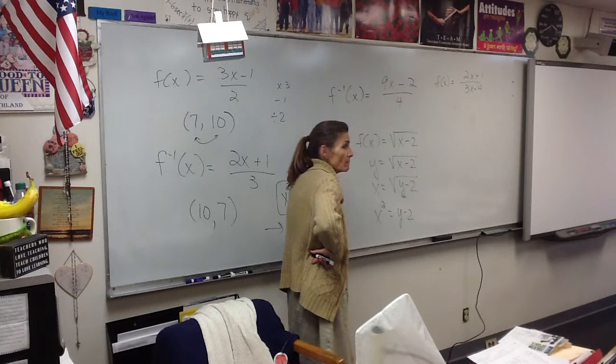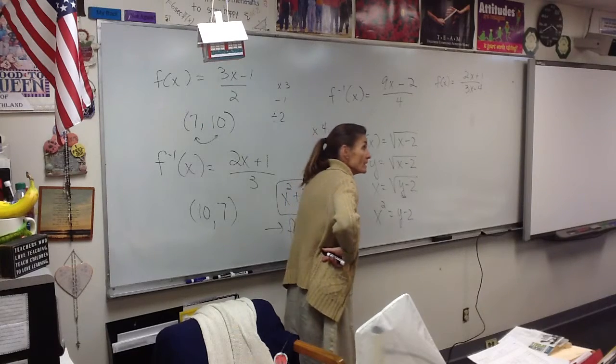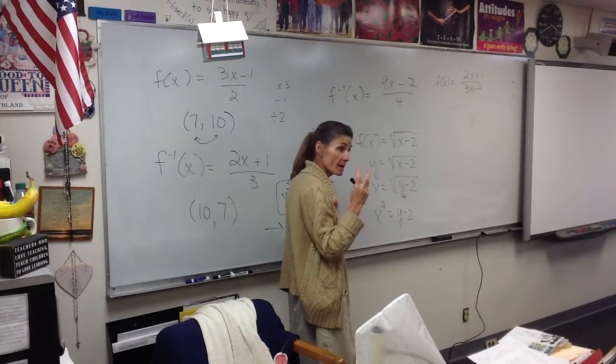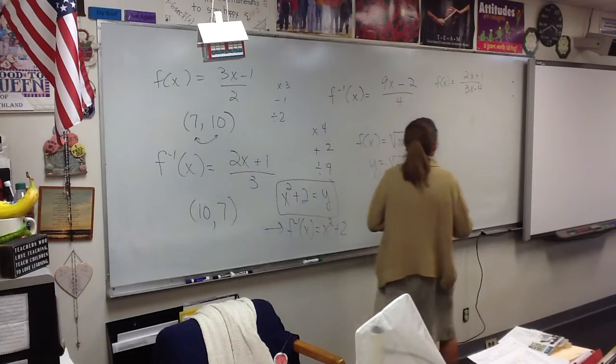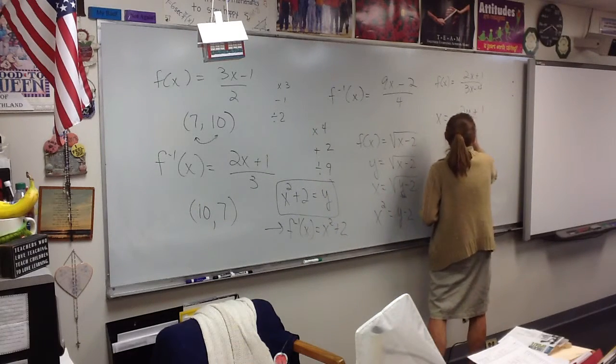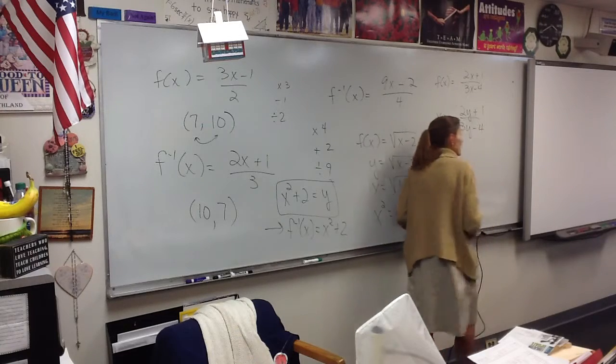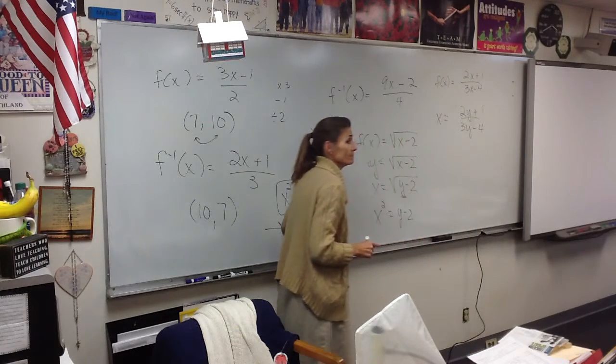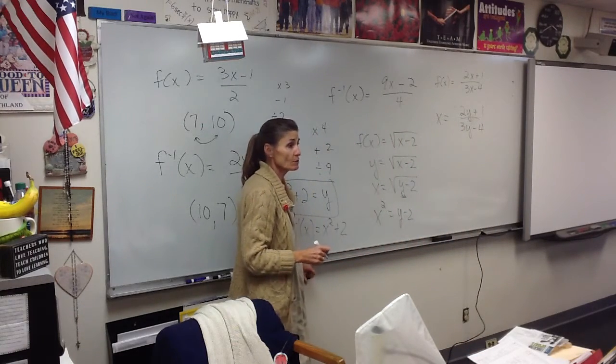All right, what's step one? Well, first, if I'm doing an inverse, I need to switch my variables, right? So x equals 2y plus 1 over 3y minus 4. That step's important. Don't forget to do that first.